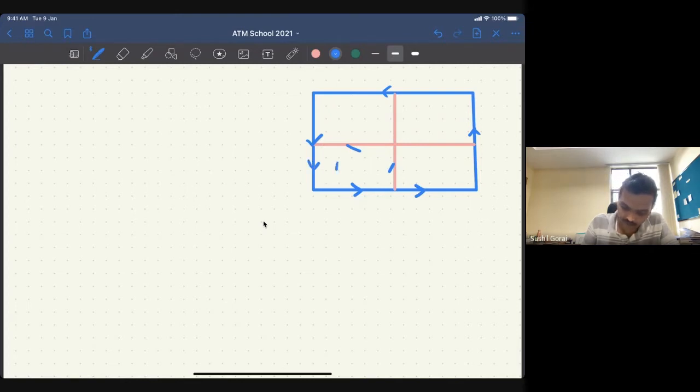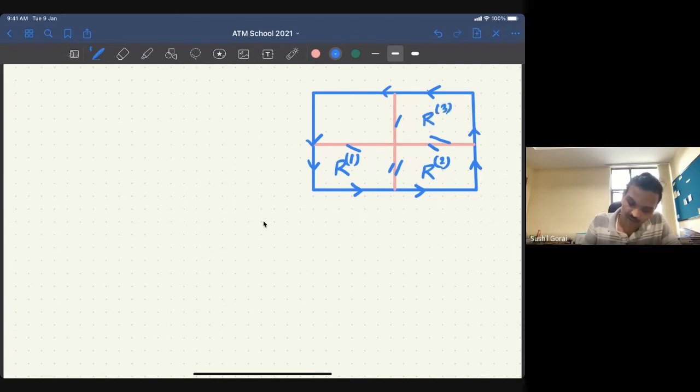Call this R1. And here the direction would be this, go this way, and come back here. So this is R2. Similarly here, you go this way, and this way, and then go here. Call this R3.